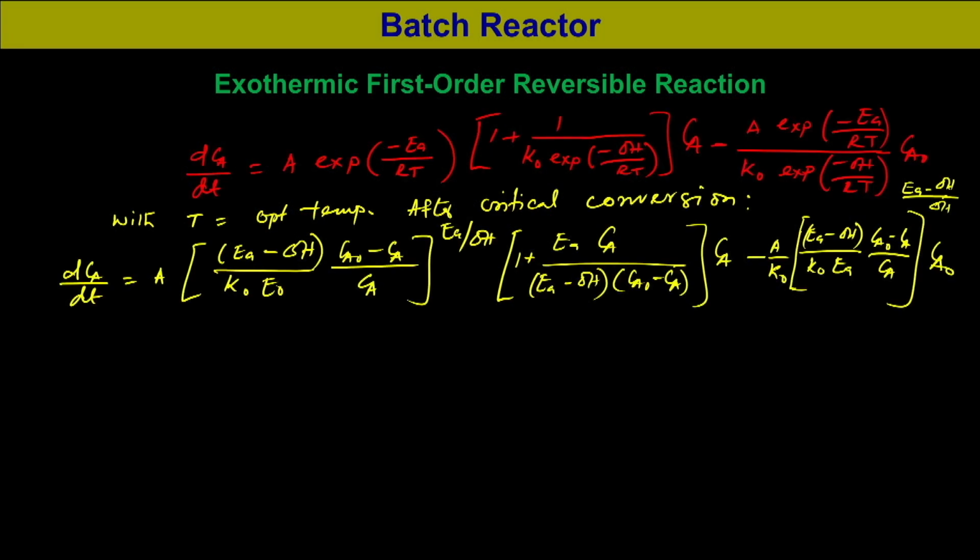That means, we know dCA dt is equal to A exponential minus EA by RT into 1 plus 1 by K naught exponential minus delta H by RT into CA, plus A into exponential minus EA by RT divided by K naught exponential minus delta H by RT into CA naught.